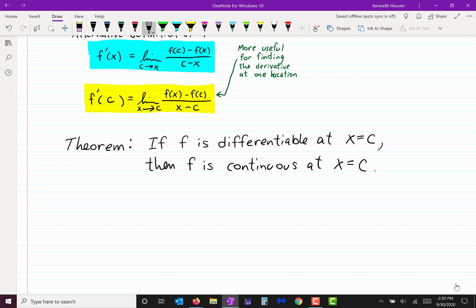Okay, there was a theorem or a rule, I think we called it, that said if you have two functions, and let's say, we'll call them f and g for right now.